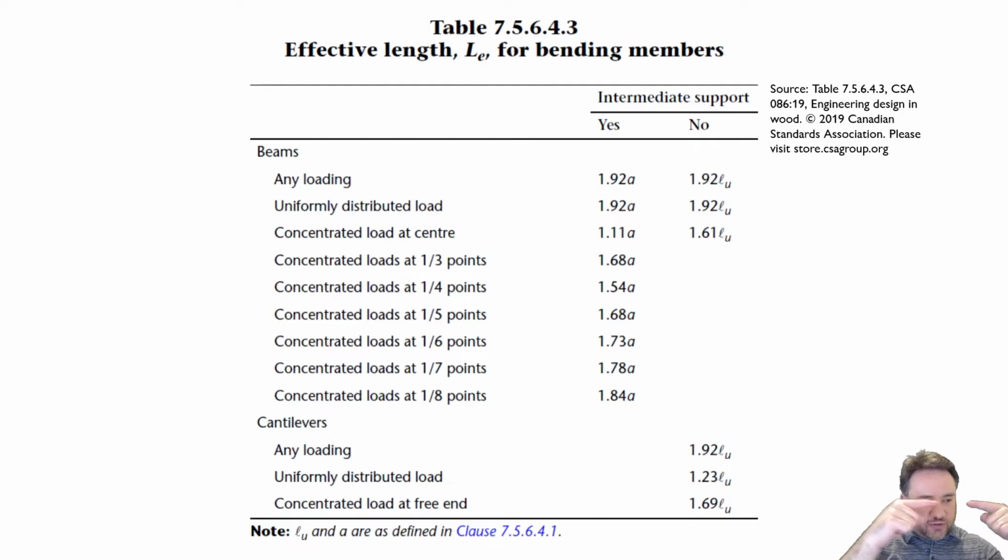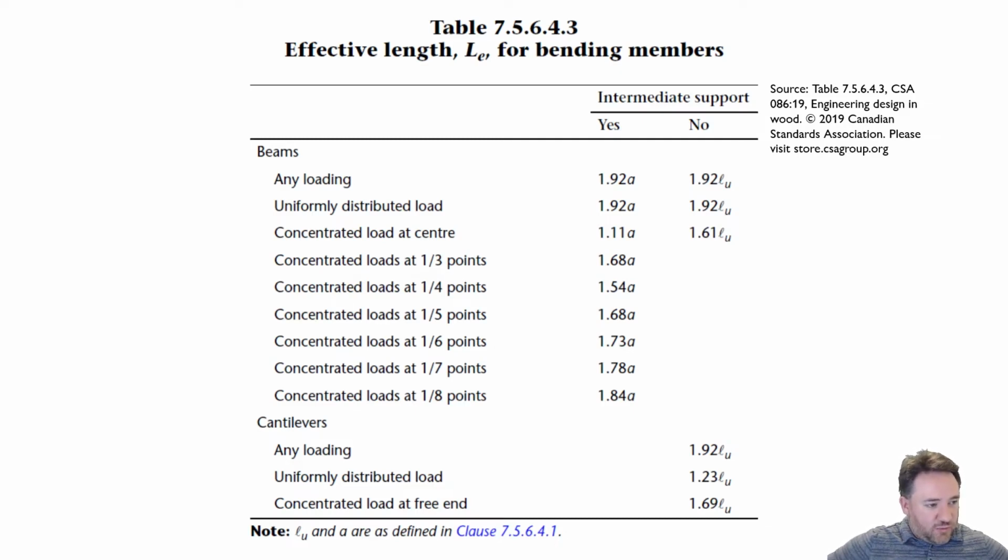If I do have lateral support points, for example, I have some purlins along this beam, they are spaced at a certain distance, A, so we can only buckle between those purlins. So then we're going to use A. If I have just a simply supported beam, my unsupported length is simply going to be the total length of the beam. And you can see we have different K factors effectively.